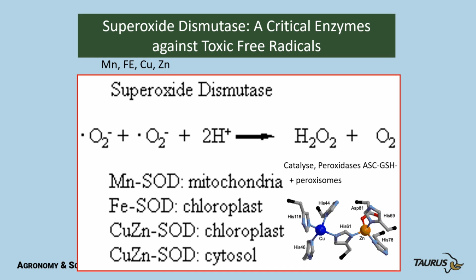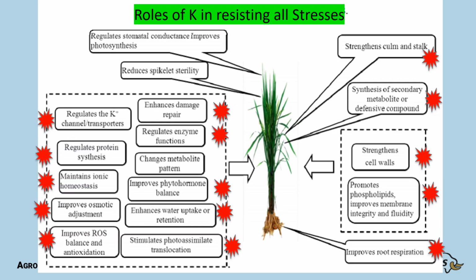The other ones that are important, potassium. Remember I said potassium moves things. It pressurizes things. It opens stomata. If you're short of potassium, the plant can't respond, improves ROS balance and antioxidation.